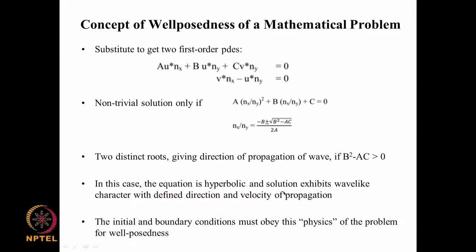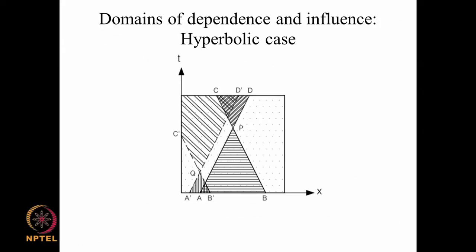So, if we do not obey this principle at any time during our specification of the problem or in the evaluation of the solution, then we can get into problems. This is something that we will see later on in terms of the solution, but this immediately brings us to the concept of domains of dependence and influence of the solution here.